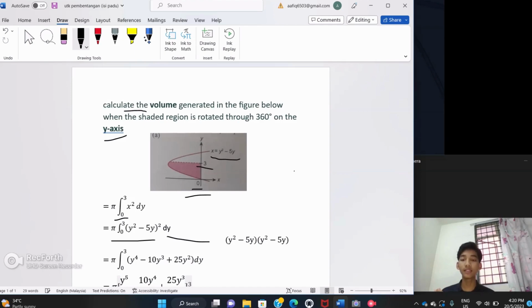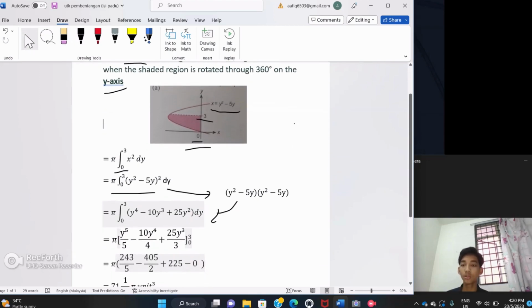And we need to do some factorization, which is open bracket y power of 2 minus 5y close bracket, open bracket again y power of 2 minus 5y close bracket. With this, and doing some calculation, we will get our new equation: pi integrate 3, 0, open bracket y power of 4 minus 10y power of 3 plus 25y power of 2 close bracket dy.